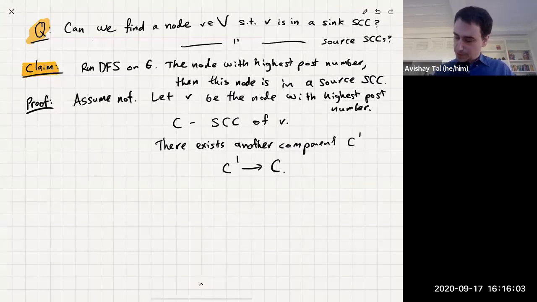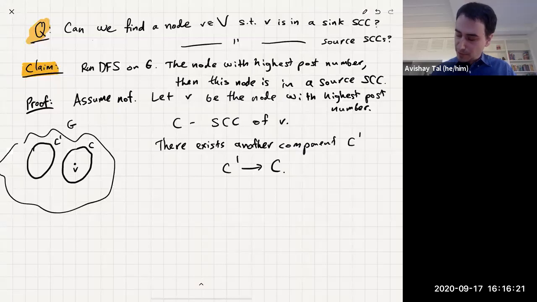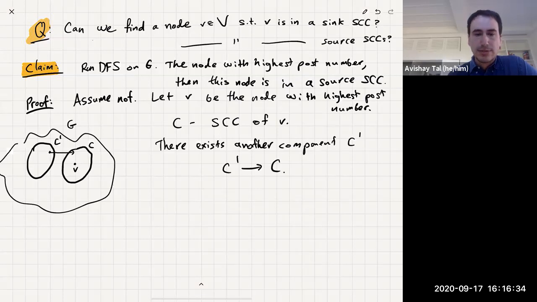Okay, so let's look at the picture. We have G, this cloud of vertices. We have V somewhere here. V is surrounded by its connected component C. And we have another strongly connected component, C prime. And we know that there must be an edge from C prime to C. C is the strongly connected component of V. The strongly connected component of a vertex is uniquely defined, right?